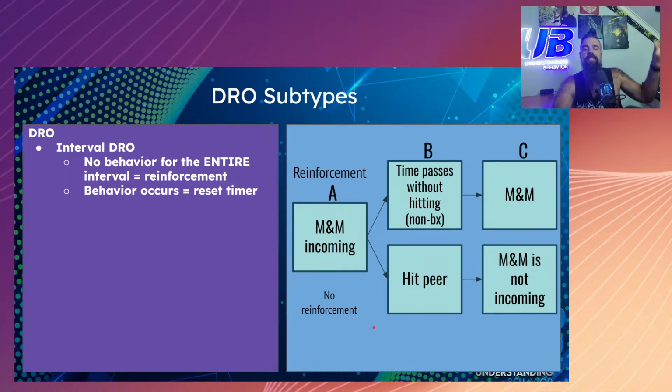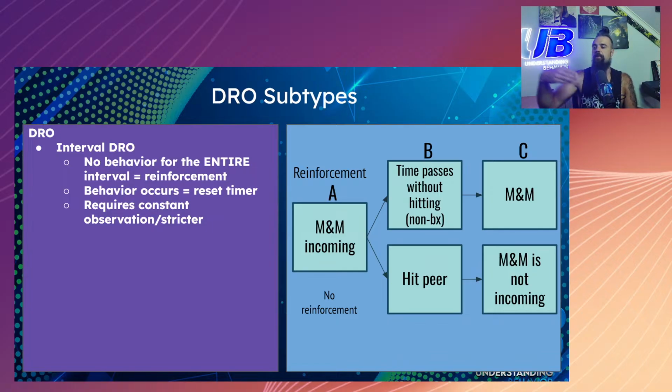Now we're going to reset that 2-minute timer from that moment, and they need to go a whole 2 minutes now before they'll receive that M&M and obviously not engage in that target behavior. With interval DRO, this requires a little bit more constant observation, and is a little bit stricter than our other subtype. This is because we're observing them the whole time.